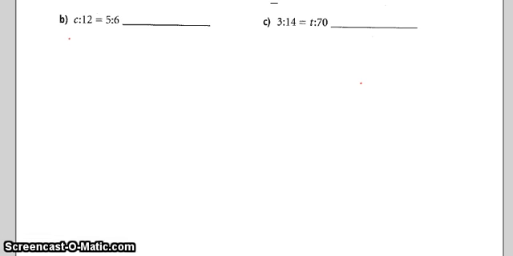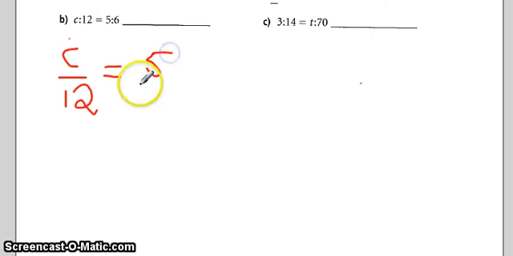If we were to do it the first way I talked about, let's have a look at what that would look like. So you would still set up originally as a fraction, five over 6. And we want to get rid of this, so we would multiply by 12.